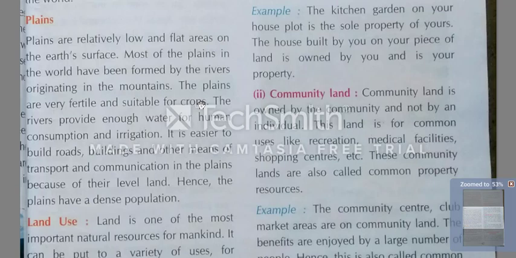And consumption, one word has been used here, consumption. What is the meaning of consumption? Consumption means regular use. Regular use is also a synonym. R-E-G-U-L-A-R, regular use, U-S-E. And irrigation. What is irrigation?